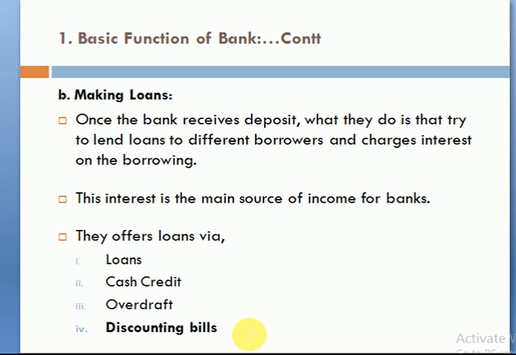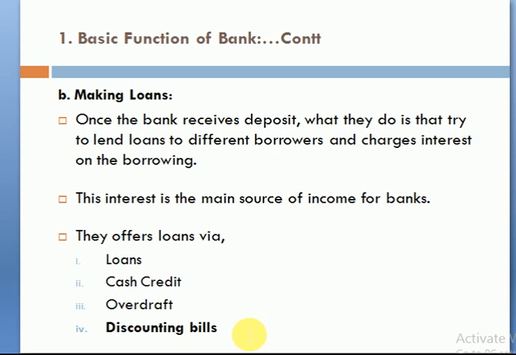The next one is discounting of bills. That is a type of loan. The bank also makes loans to customers by discounting bills of exchange. Discounting of bills, dear students, refers to making payment of bills before maturity. The discount charged is the earning of the bank.